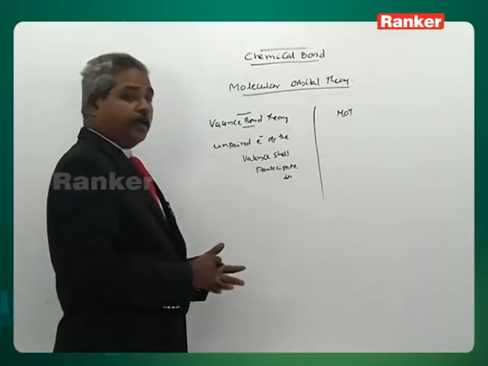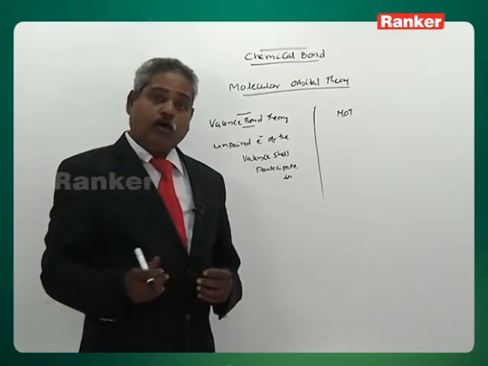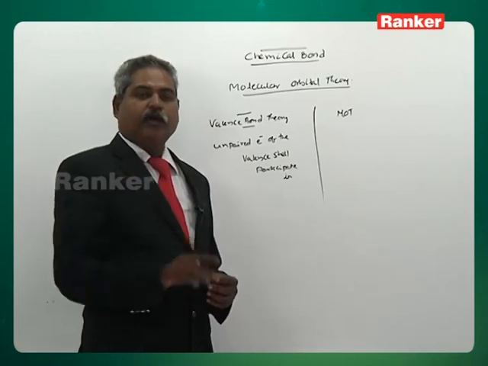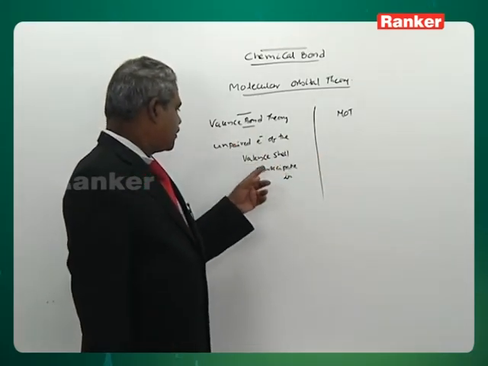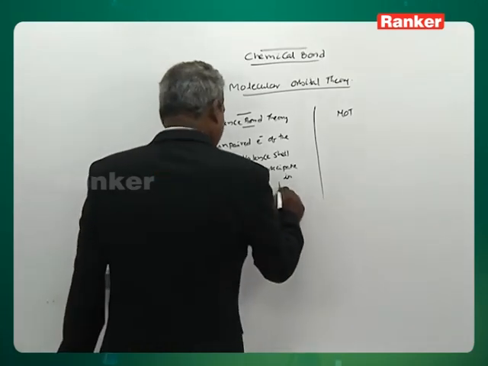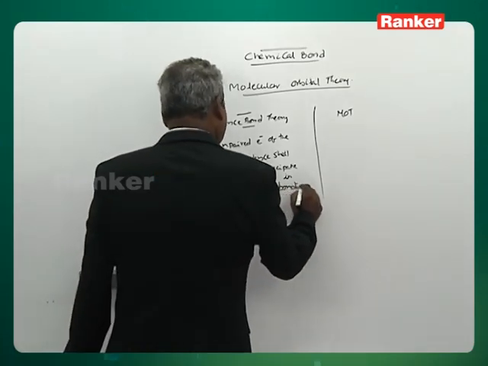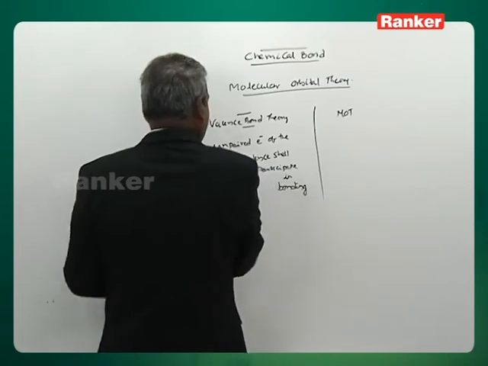And according to molecular orbital theory, all the electrons are involved in bonding. So in valence bond theory only the unpaired electrons of the valence shell participate in bonding, and in molecular orbital theory all electrons participate in bonding. Look here.